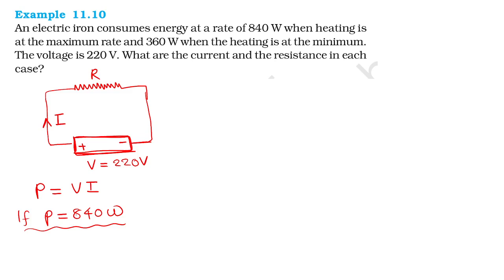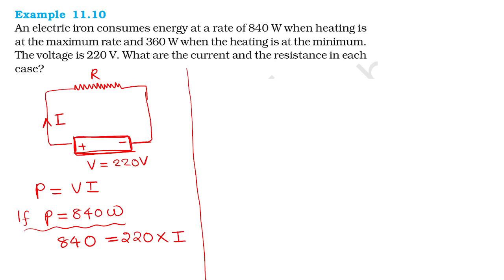Let me substitute P as 840 in this formula. Voltage is a fixed quantity, 220. Current, I don't know how much current is passing through the iron box. It's a very simple question actually. Power equal to voltage into current, that formula is used here.